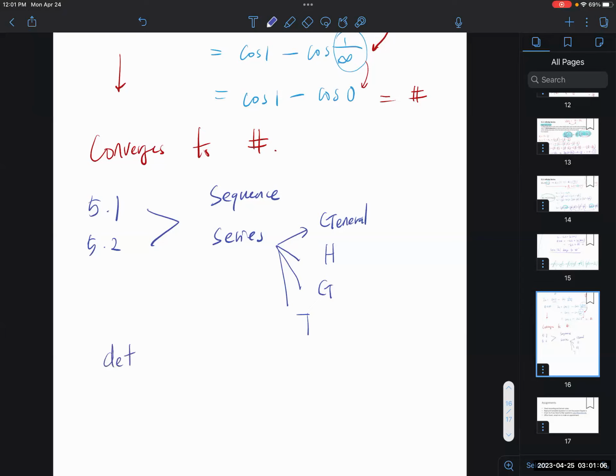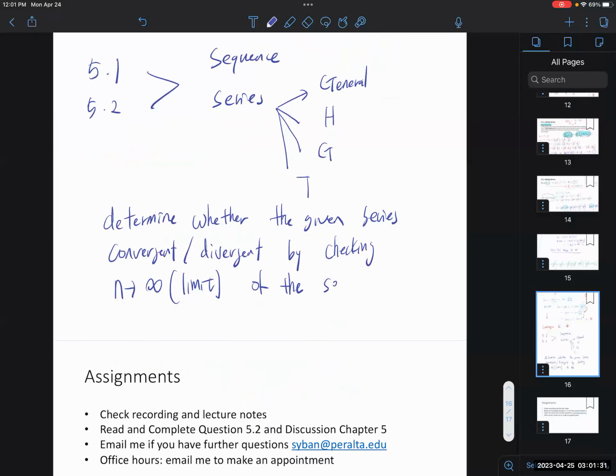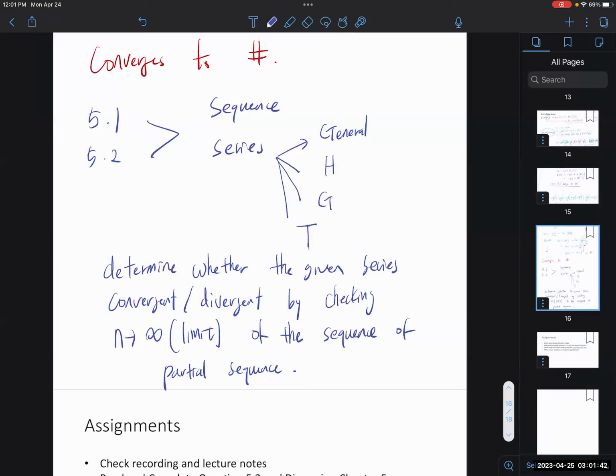You are determining whether the given series is convergent or divergent by checking the limit as n approaches infinity of the sequence of partial sums. So that's how you can get whether it is convergent or divergent. Same thing for the sequence and series.